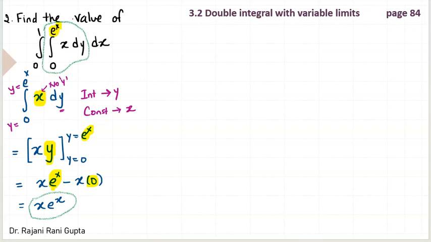Okay, now returning back to our original question. We are left with this integral 0 to 1. In place of this, we can write x e power x dx. So see here, we finished integration with respect to y. So we are left with only the x term. Means only one variable. The y variable is gone.